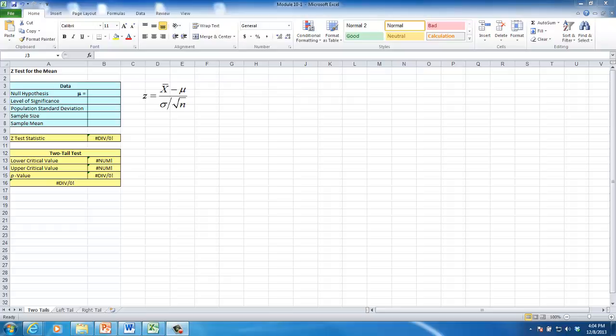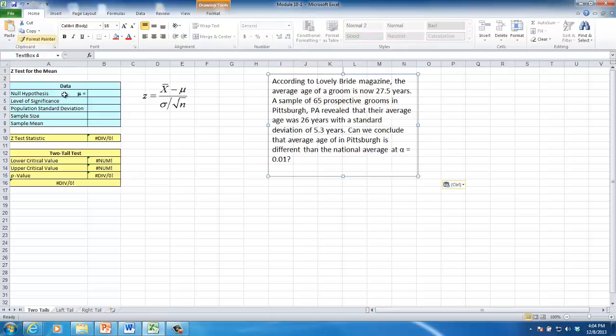Hypothesis testing for the mean of the population. Now let me bring this problem here. If you take a look at the problem once again, you see we want to compare the Pittsburgh area with the whole national population.